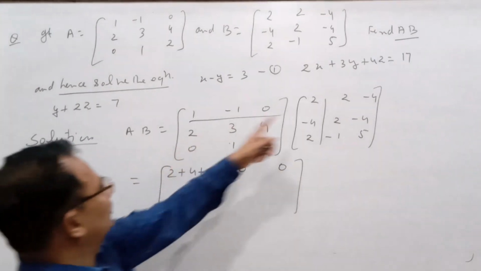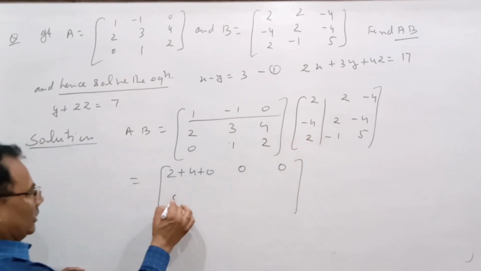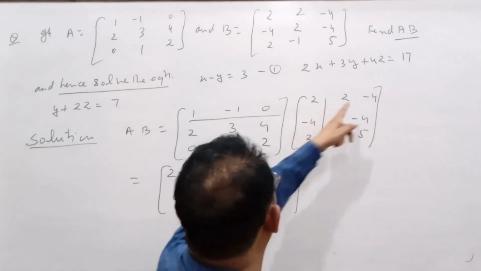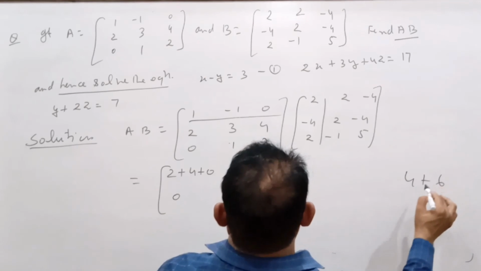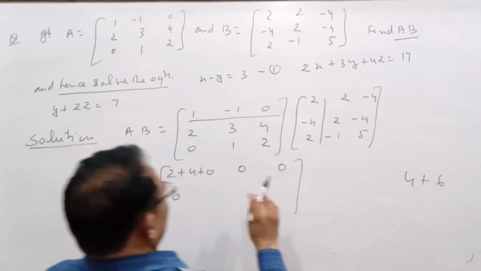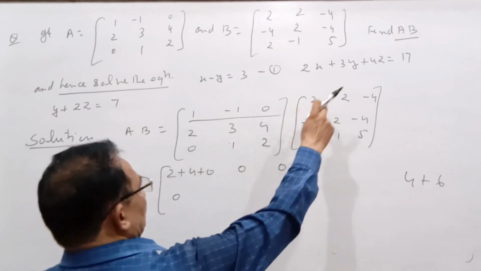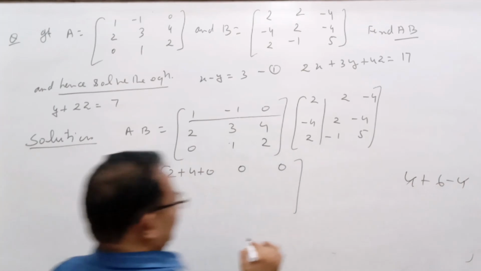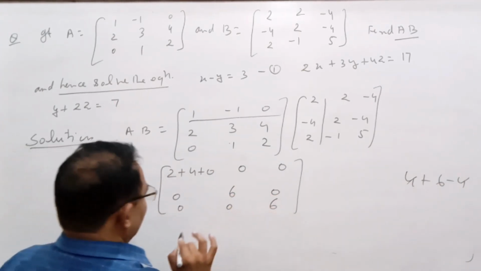Now 2 to the 4, that is 12, 8, also 0, and 2 to the 4 plus 6 that is 4. R2 into C2 4 plus 6, -4, यानी कि that is 6, 0, 0, that is 6.